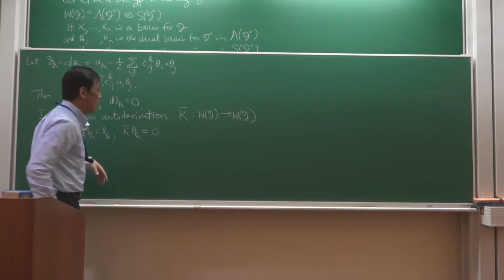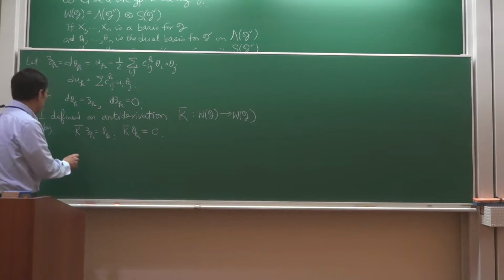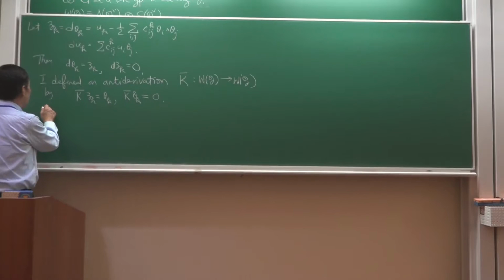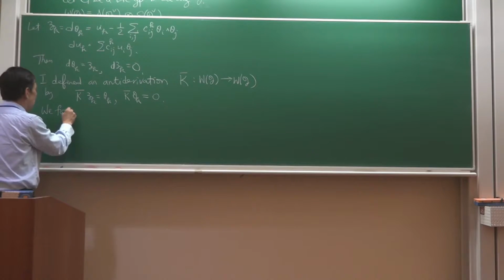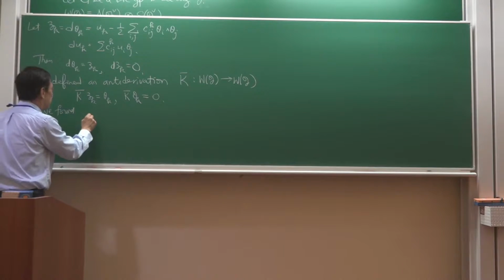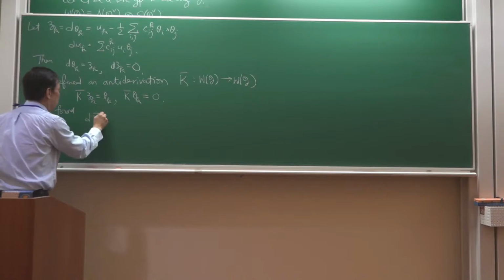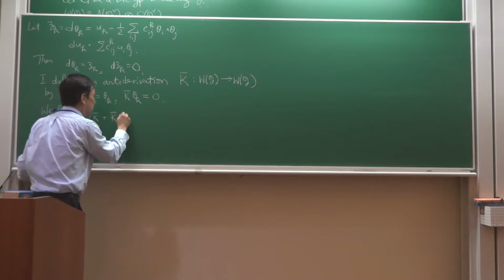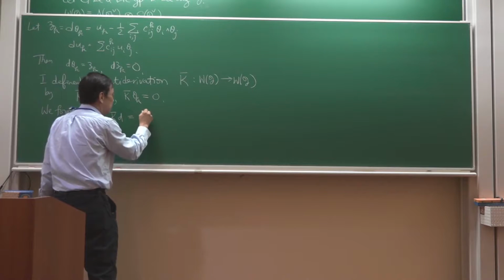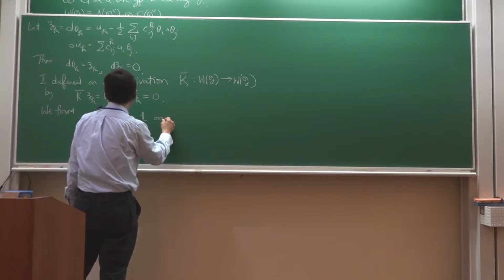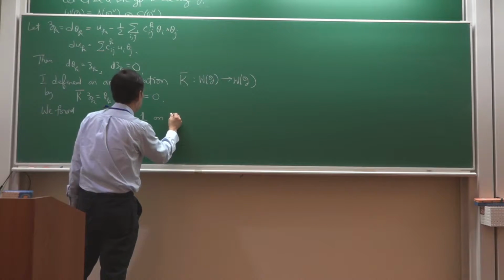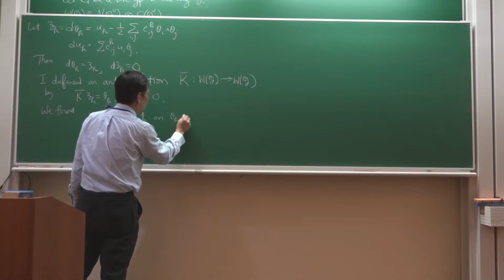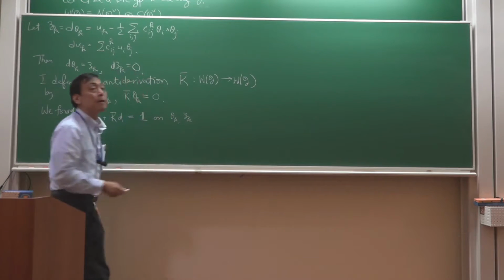Okay? We defined that. And then we found that d k bar plus k bar d is the identity on the generators, theta k and zk.